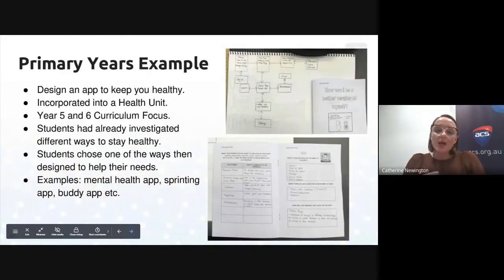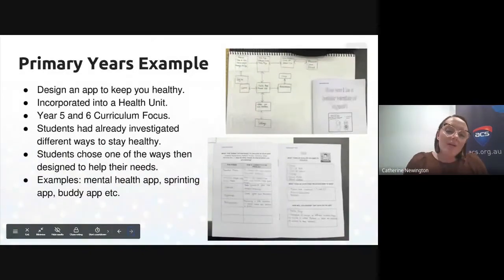So they started then that design process. So instead of just being at that normal level where we look at how to stay healthy, we introduced the digital technologies curriculum by asking the students to create and design an app that would help them stay healthy, based on one of those ways that they had found and identified previously.